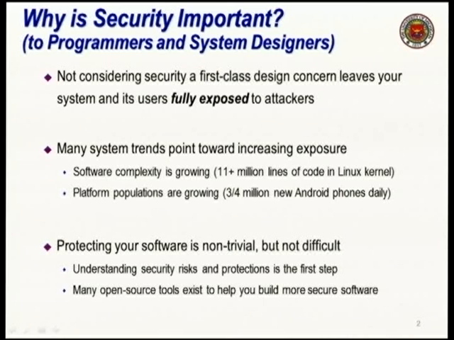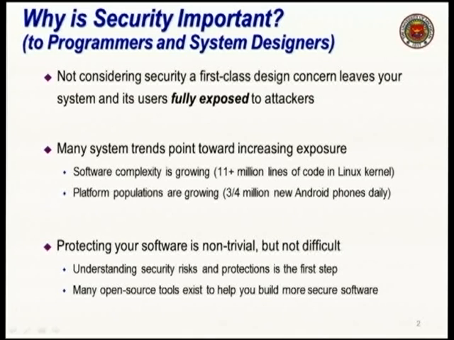So first of all, why is this important to us? Well, in today's world, if you're not considering security when you design your systems, you're really leaving the system fully exposed to attackers. Karen Sandler talked a lot this morning about this pacemaker device that didn't consider security, and people pwned it, as they said. And then many system trends really point towards more exposure.